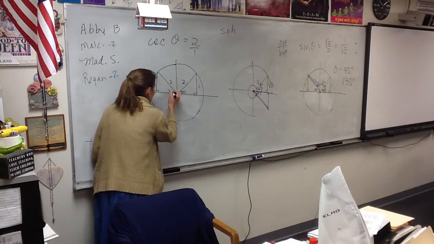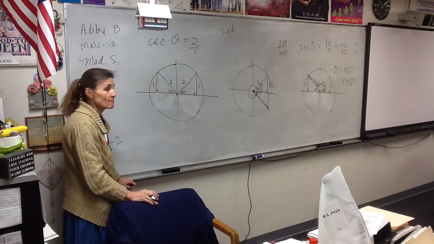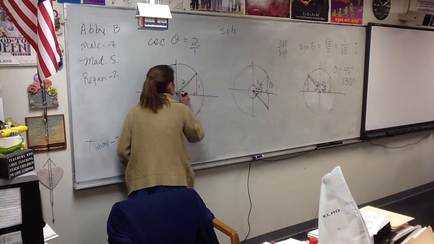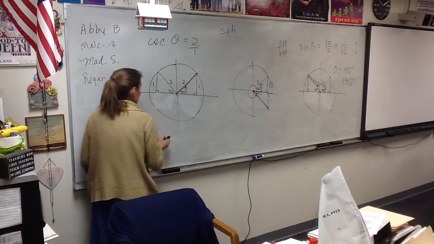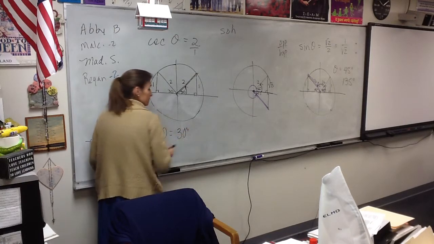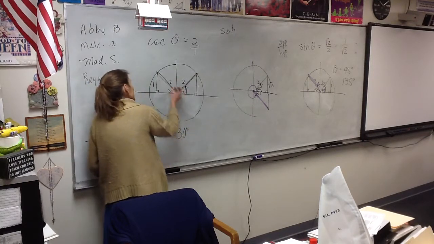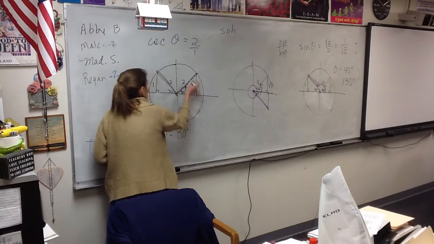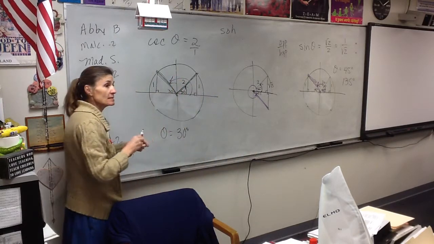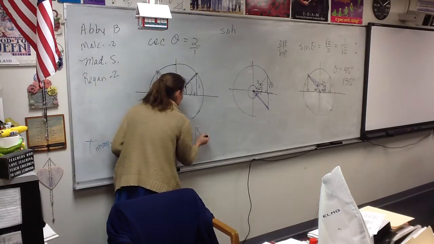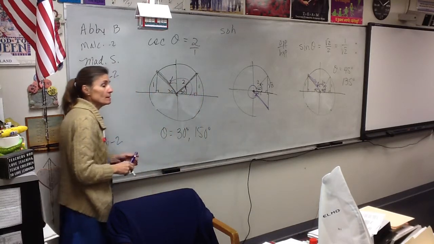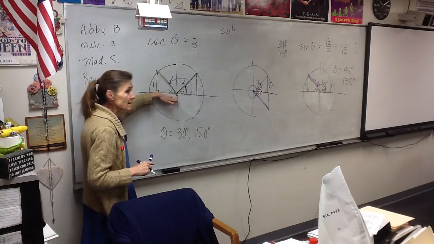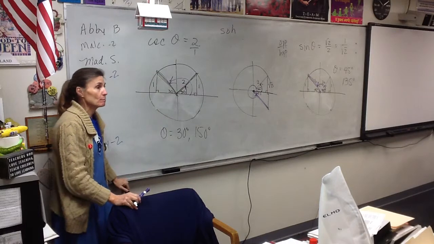This one's also 30, because they always match. So one of the answers is right here, and that would be 30 degrees. And one of the answers is over here. And Olivia says 150, and she is exactly right. And how did she get 150? 180 minus 30. Beautiful.